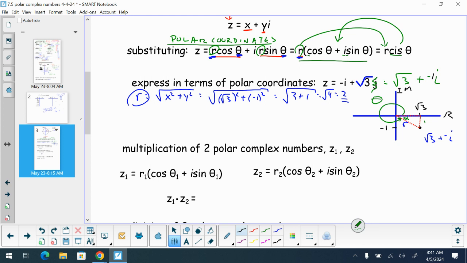So once again, we could go back to what we did with our vectors and look at the idea of tangent. The tangent of alpha is equal to, I would suggest losing the negative sign there and just say tangent is 1 over square root of 3. So we can take our inverse tangent of 1 divided by square root of 3 and come down to an alpha value.